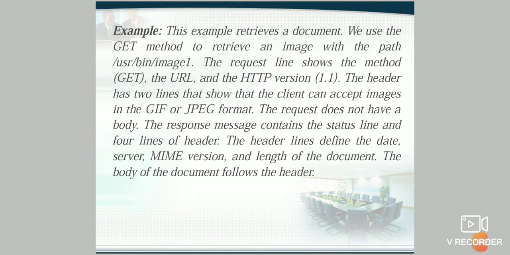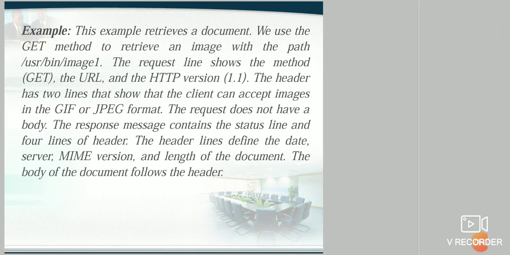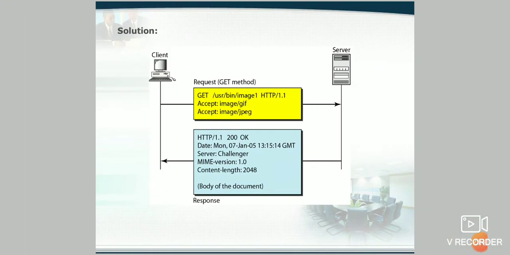Next, the question mentions that the header lines should define the date, server, MIME version and length of the document. All these things are included in the header. So we have mentioned the date, server, MIME and content. This information is considered in the header portion, and it is general header information, except the server, which is included in the response header.